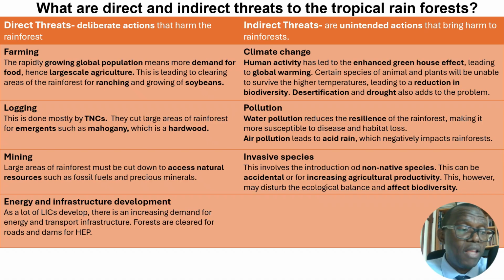Now we did say that there's a great reliance by the biodiversity that is in the rainforest. So you remember we talked about the food chain, and in the food chain we said that you have the primary producers that are relying on the sun, then the primary consumers are relying on those primary producers, then there's the secondary consumers and the tertiary consumers, and all of these are relying on each other.